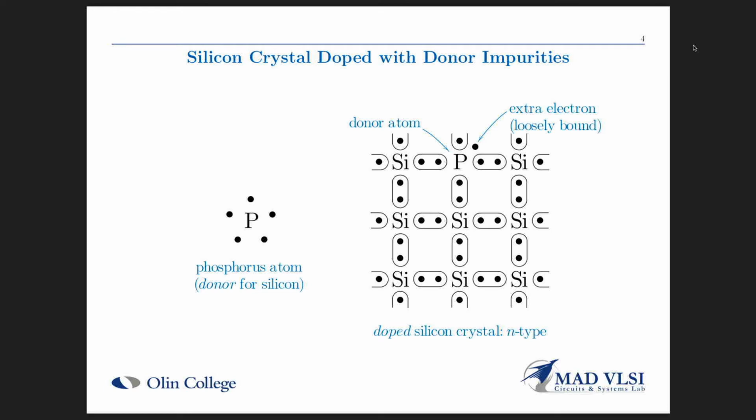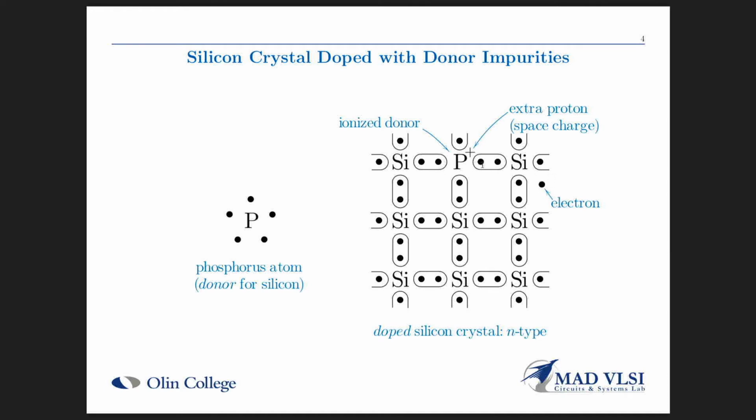And so this phosphorus atom is able to donate one of its valence electrons to the cause of conducting electricity. So phosphorus is called a donor impurity for silicon. And when that electron is liberated from its attachment to the phosphorus atom, it becomes a conduction electron.